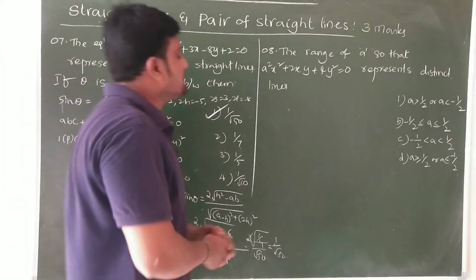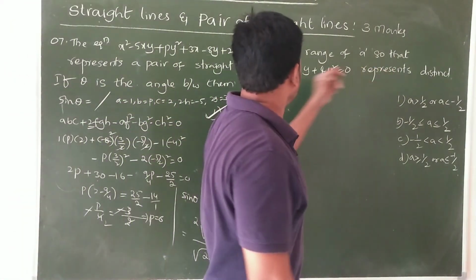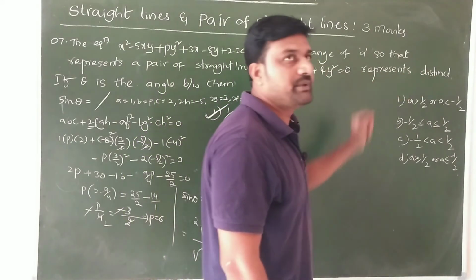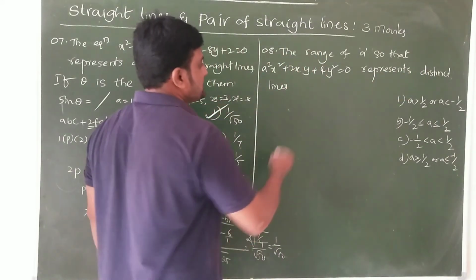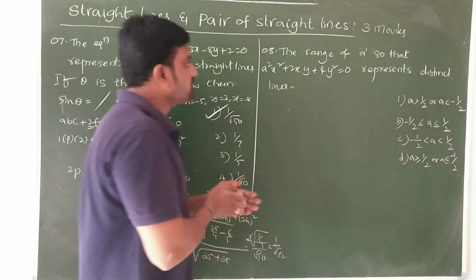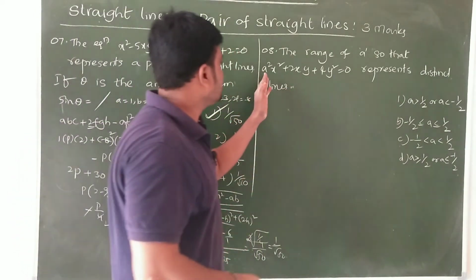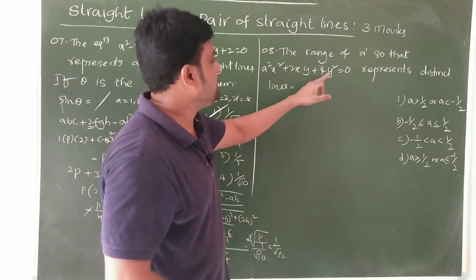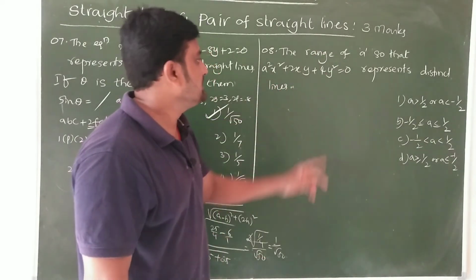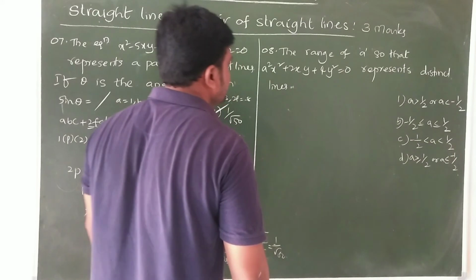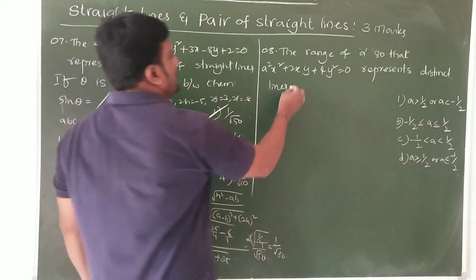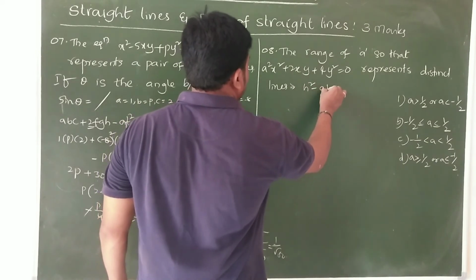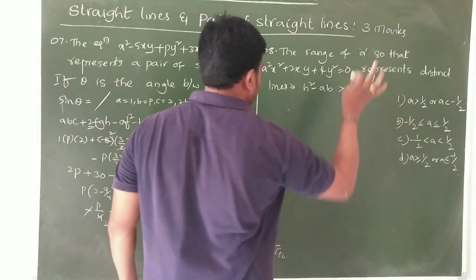Now the next problem is the range of a, so that a square x square plus 2xy plus 4y square equals 0 represents distinct lines. It is nothing but ax square plus 2hxy plus by square equals 0 representing two distinct lines. First of all, h square minus ab greater than 0.